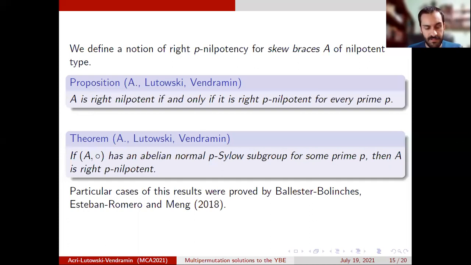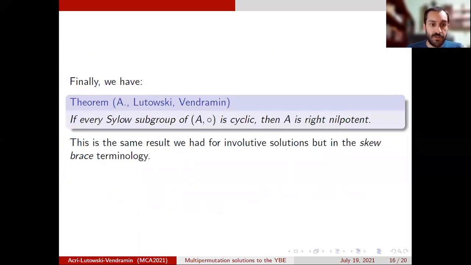We have this generalization. So finally, we get the analogous result we were looking for in terms of skew braces: if every Sylow subgroup of the multiplicative structure of the skew brace is cyclic, then the skew brace is right nilpotent.